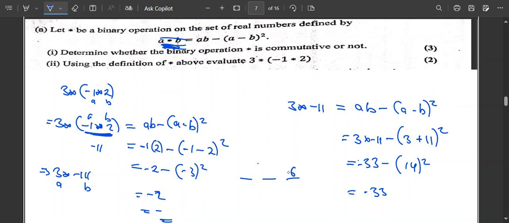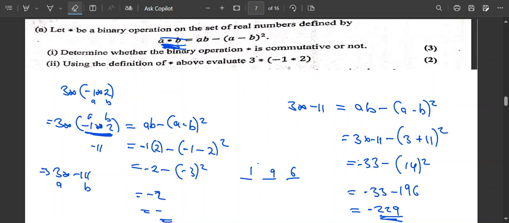That will be 16, then plus that times that 8, which is 9, then 1. 196. Subtracting this one will give you 229. So we say negative 229. So that would be the answer for this one. So that's how you are supposed to solve this one.